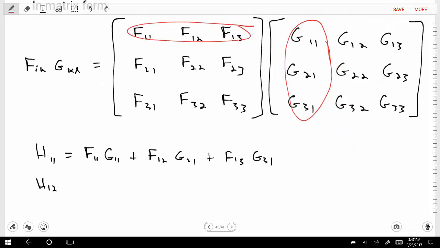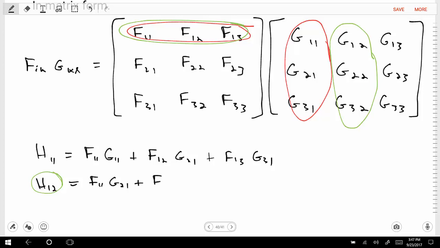And let's change the color here so it's a little bit easier for us. That and that. So we'll end up with F11 G21 plus F12 G22 plus F13 G32.